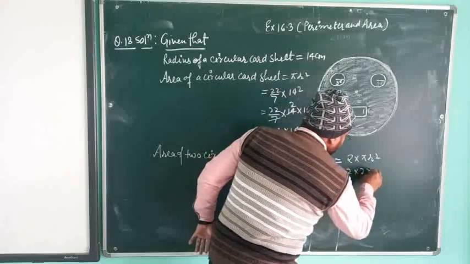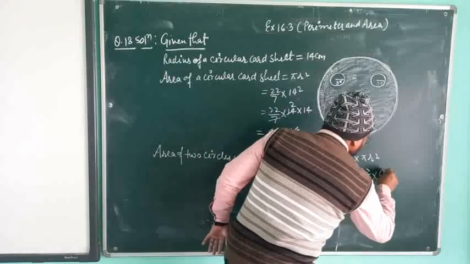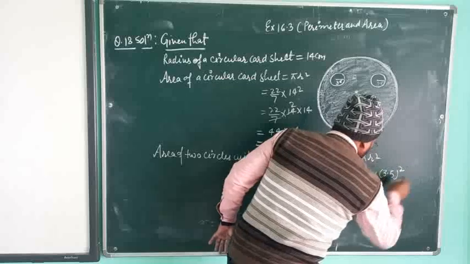So 2 into 22 by 7 into r square, which is 3.5 square.